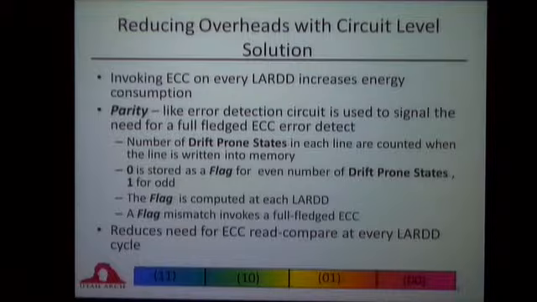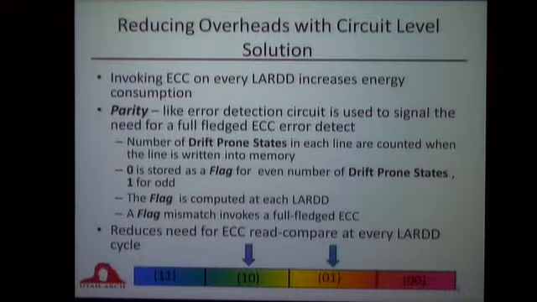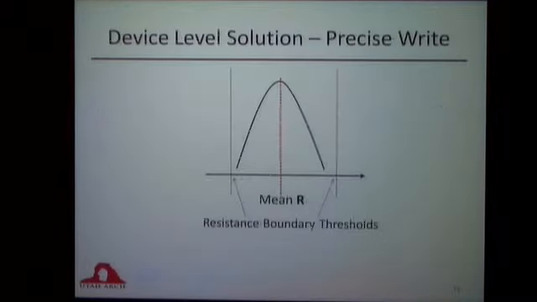You compute this parity bit at every LARD cycle, compare it with the stored flag value, and when there is a mismatch between the computed value and the stored value, you make a full-fledged scrub. So what this essentially does is reduce the need for an ECC read and compare at every LARD operation. Basically, you have to do the full ECC correction and read only when you have a flag mismatch. And these, as I referred to before, are the two drift-prone states.